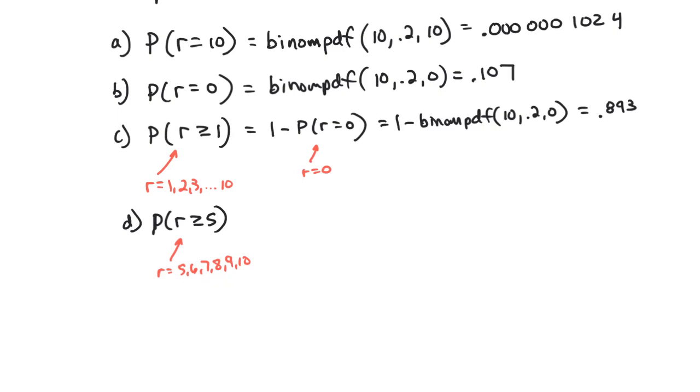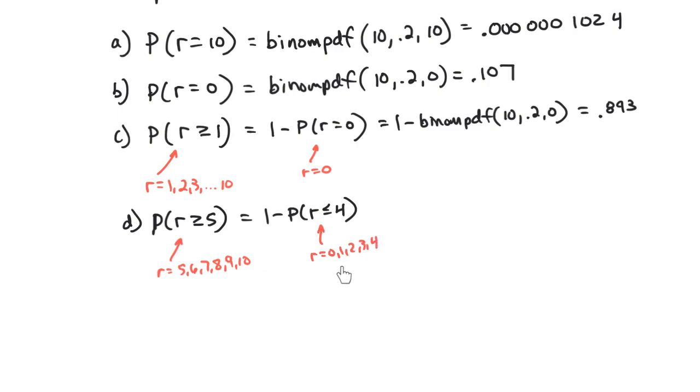So what we can do instead is go, well, this is equal to 1 minus the probability that R is less than or equal to 4, because that less than or equal to 4 gets all the rest of these. We want 5 through 10, which we can't find directly, so we find it indirectly by finding 0 through 4 and subtracting that from 1.